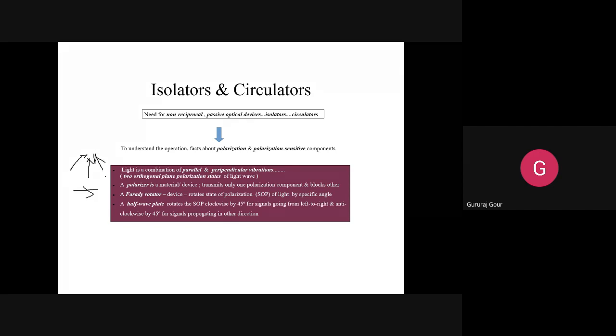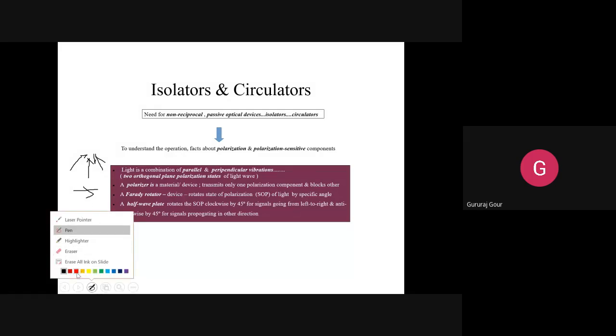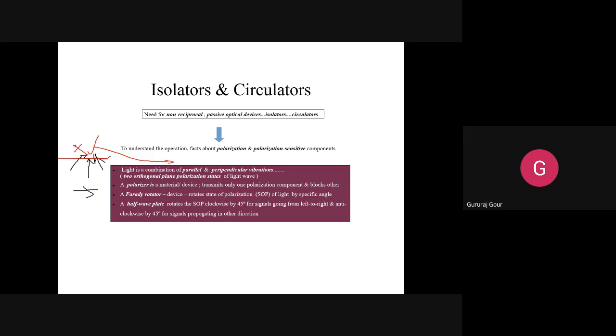In that case, this one is going to allow only the field components which are oriented parallel to this one. So only this one will be allowed. The remaining are not allowed. These two field components are blocked here. So that is the meaning of the polarizer.